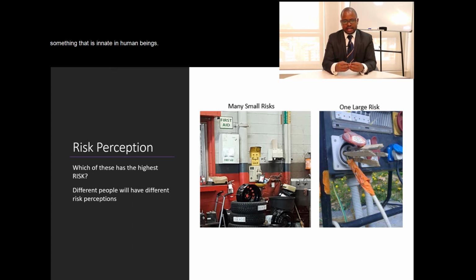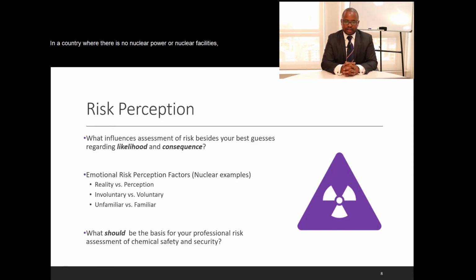So risk perception is something that is innate in human beings. How we perceive risk depends on several things, including the cultural background. In a country where there is no nuclear power or nuclear facilities, when the population is asked how risky nuclear power is, many of the people normally say that it is very risky.